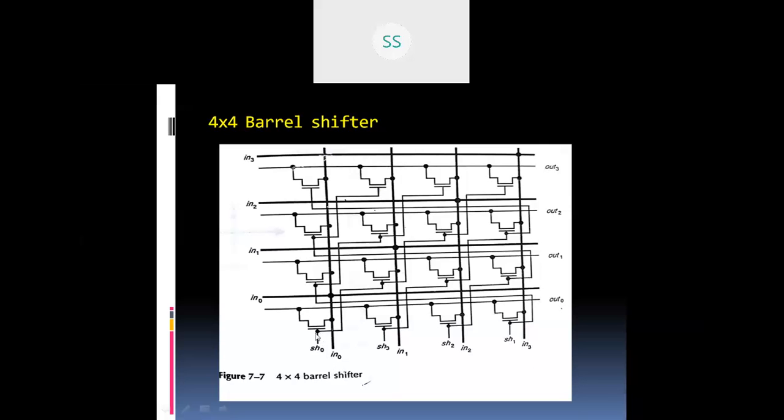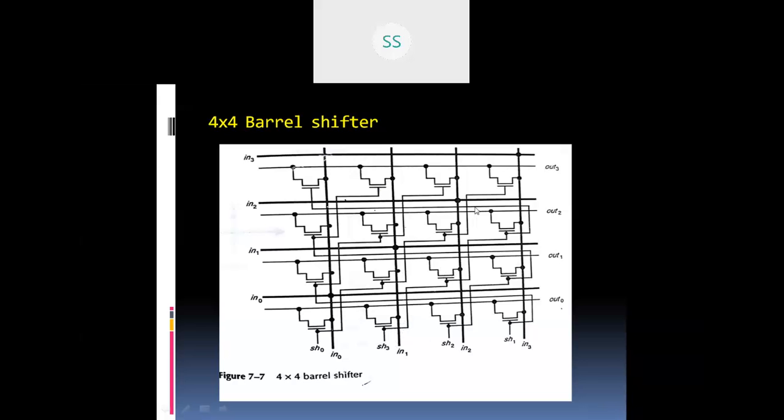An important feature here is the control signal. They are connected in something like a staircase pattern from one gate to other gate, starting with SH0. This gate is connected to this gate. The next staircase will be connected to the third transistor. This gate is connected to the fourth transistor. Similarly, the second transistor SH3. This gate is connected to second row third.